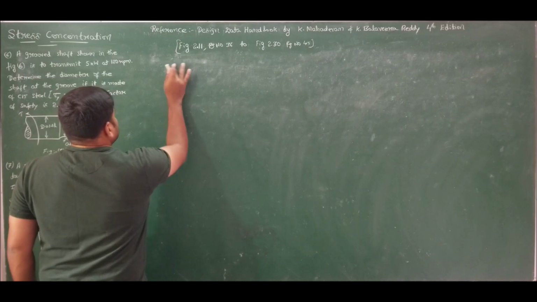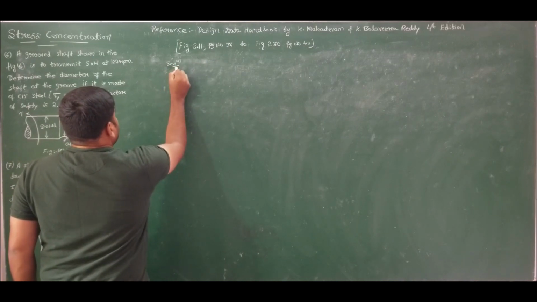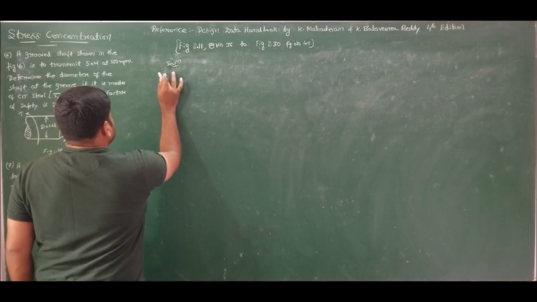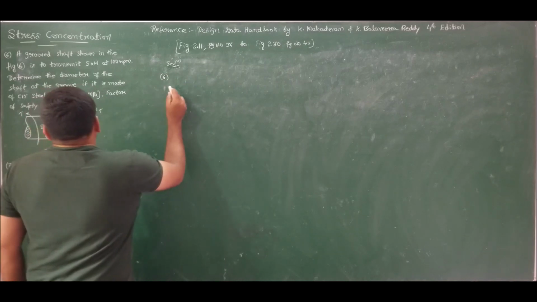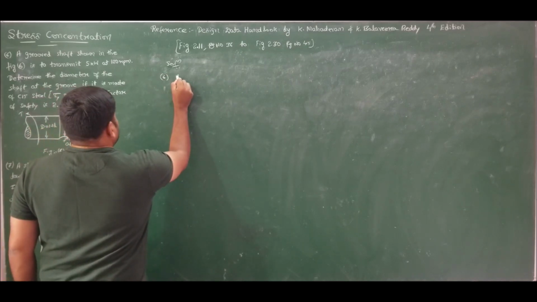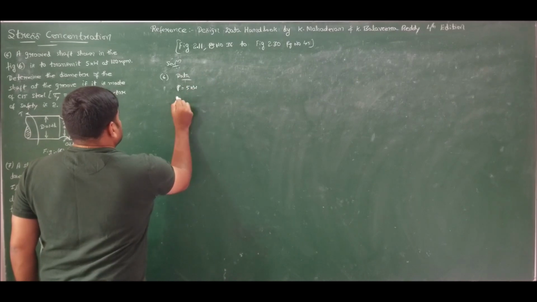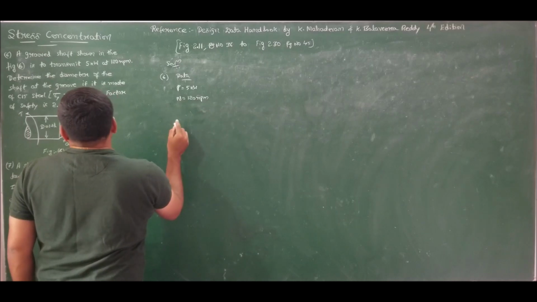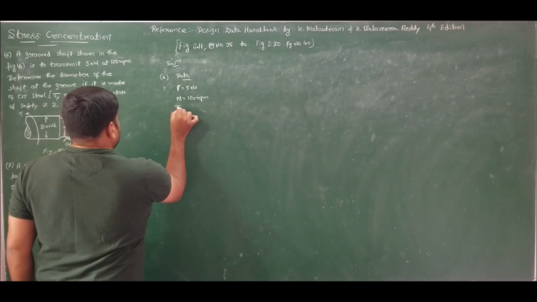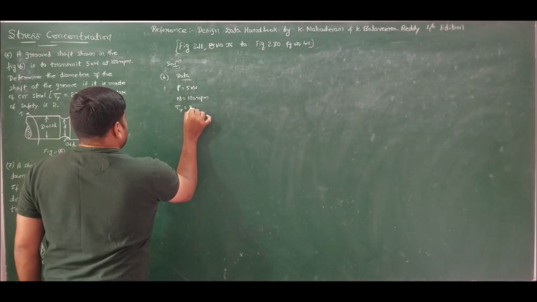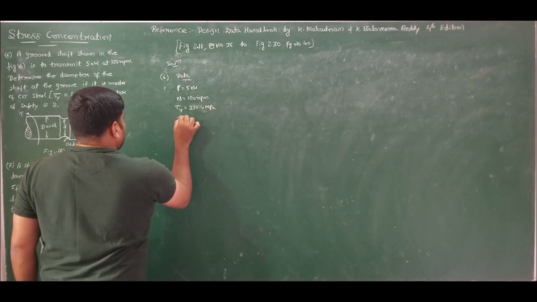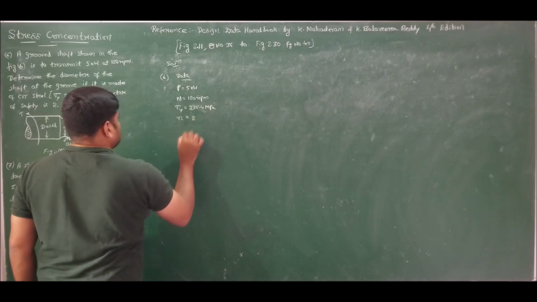If we move to the solution of problem number 6, before that let me list out the data given. The shaft is to transmit 5 kilowatts at a rated speed of 120 rpm, and we have sigma yield of 235.4 megapascals with factor of safety 2.